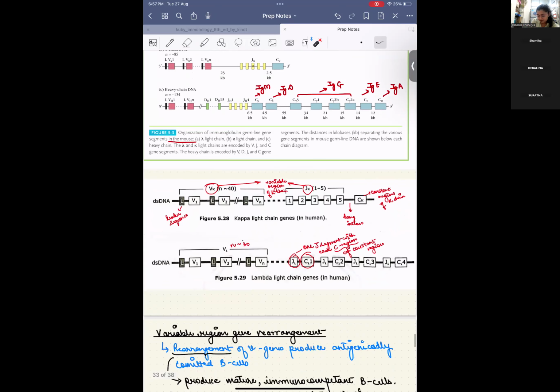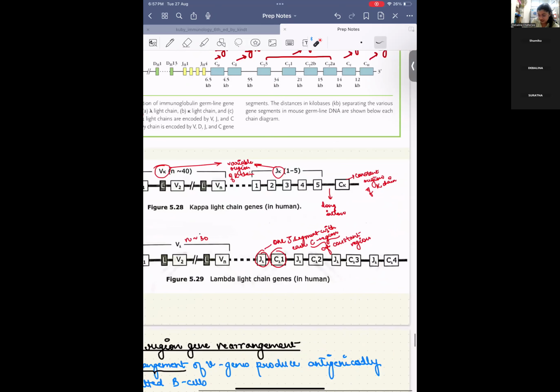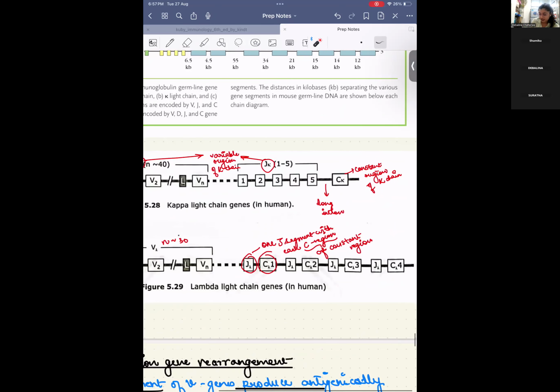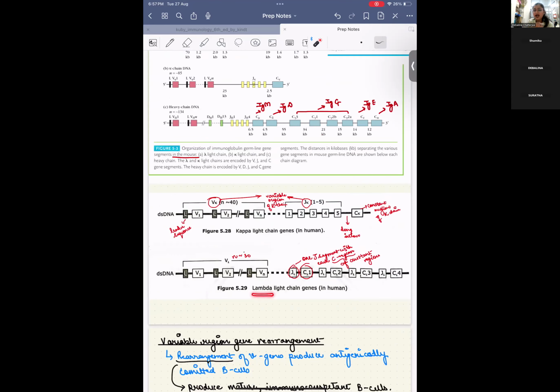And then we have J lambda, which can be present with C1, C2, C3. So a J lambda is possibly there with all the different C regions that we see in case of lambda chain. So that is how the organization of kappa and lambda chain is.